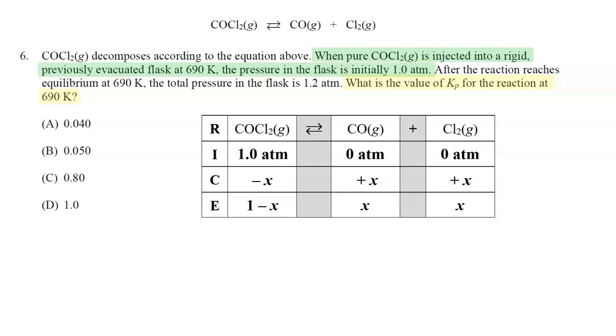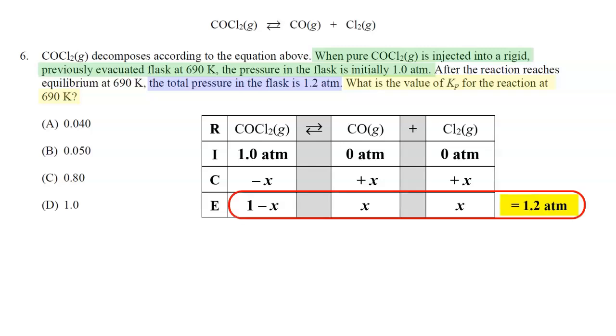And what it says in this question is that after the reaction reaches equilibrium, the total pressure in the flask is 1.2 atmospheres. And that would be the sum of the individual partial pressures of all three of these gases. So that makes an algebra equation like this. 1 minus x plus x plus x equals 1.2.